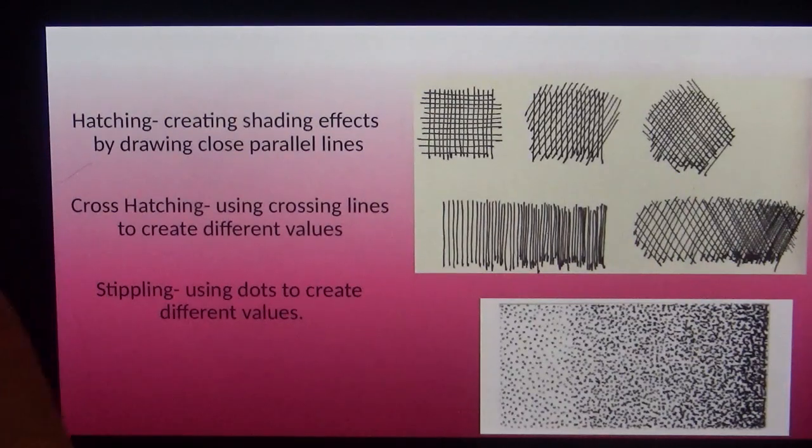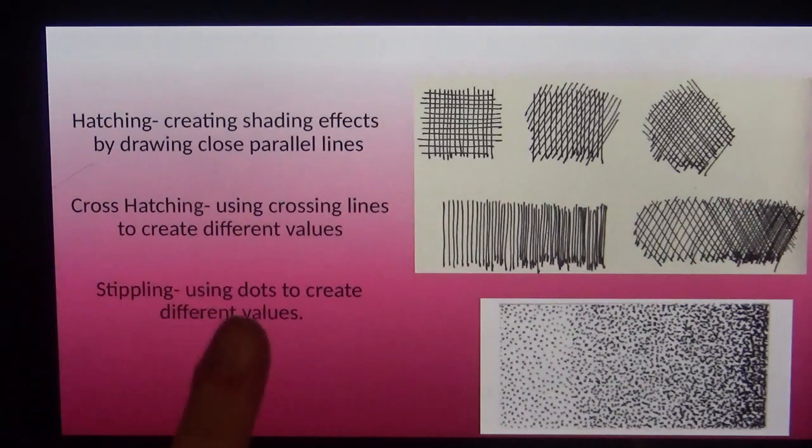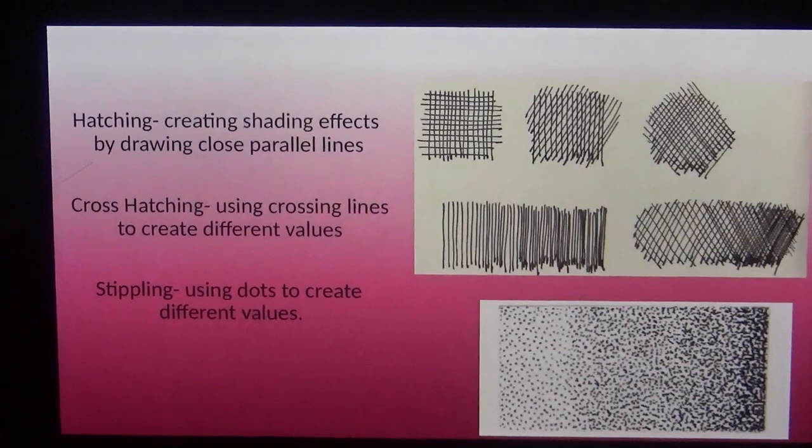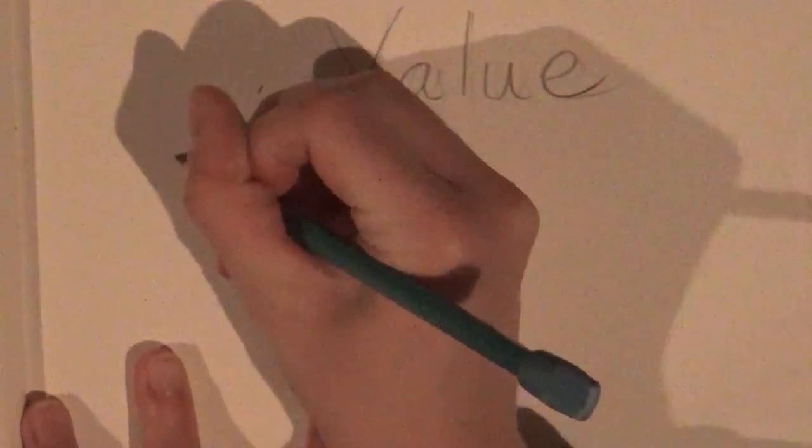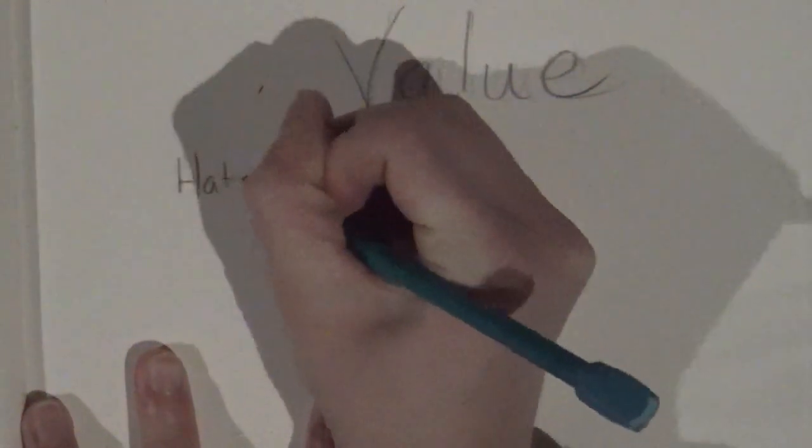So, 3 different ways that you can create different values besides just the blending method. We have hatching, cross-hatching, and stippling, okay? So instead of writing these definitions, what I want you to do is we'll write, so for example, hatching.